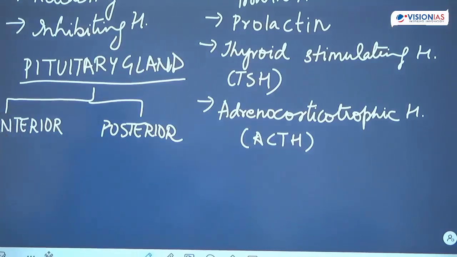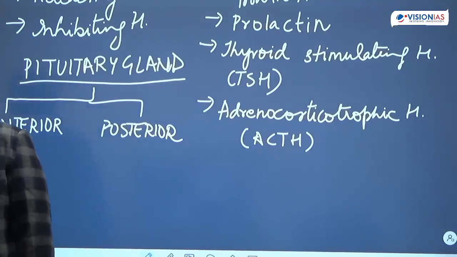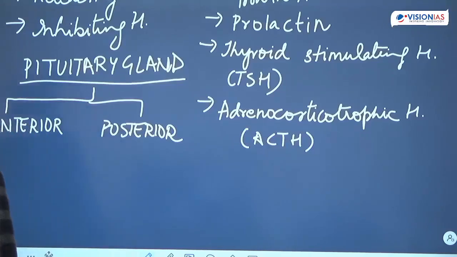It stimulates the secretions from the adrenal gland.